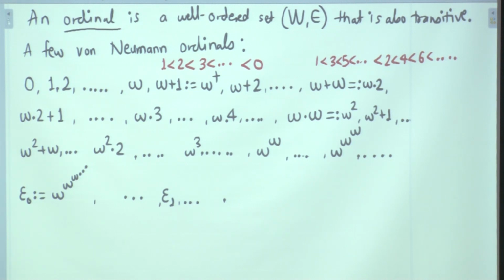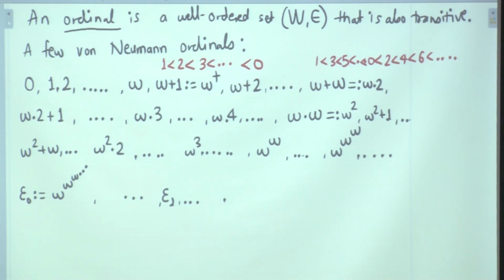That's a countably infinite set. It's a copy of omega followed by another copy of omega: 0, 2, 4, 6 and dot dot dot. That's why omega plus omega.